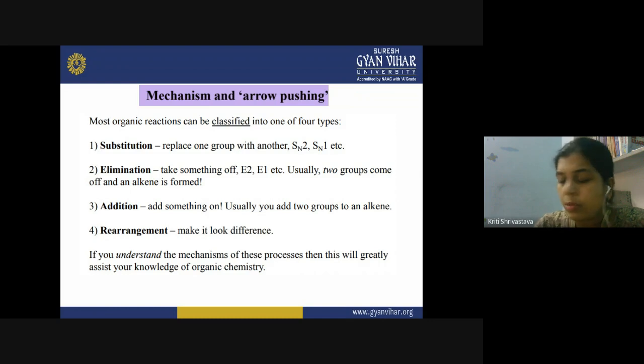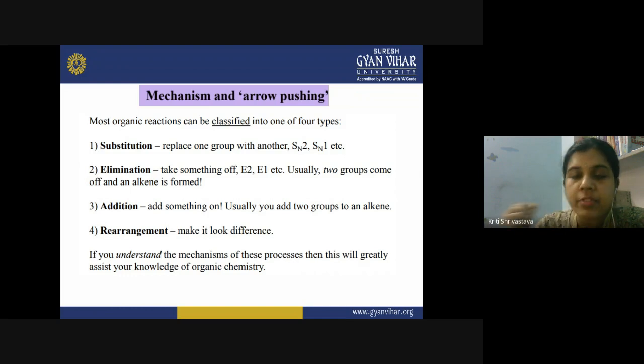Whenever you are removing certain atoms from the molecule, they will lead to the formation of a double or triple bond, because ultimately the carbon has to satisfy the four valency. So when you are removing some atoms from the carbon, it will form a double or triple bond with the other carbon. These elimination reactions can again be E1 or E2 reaction mechanisms, which depends on the order and the molecularity of the reaction.